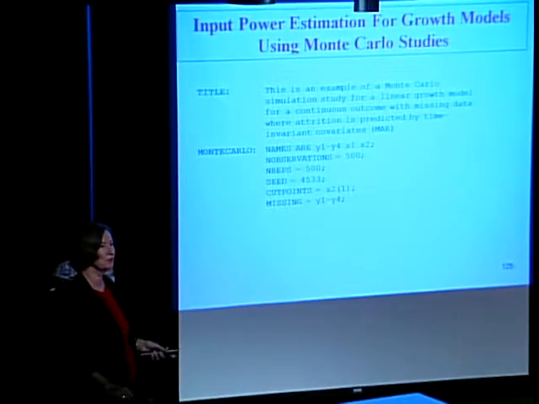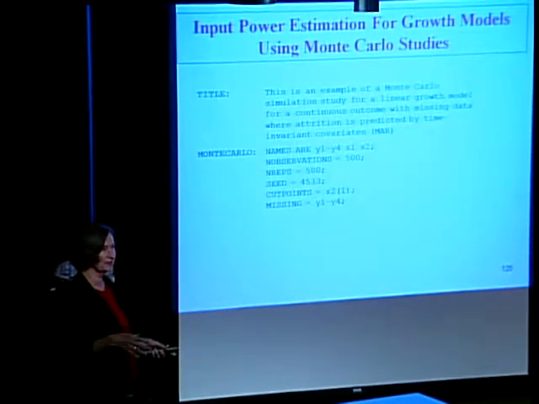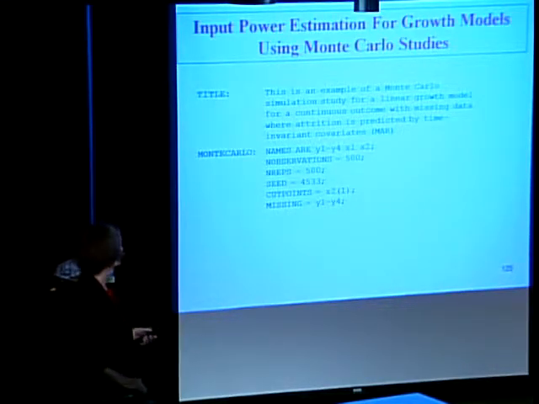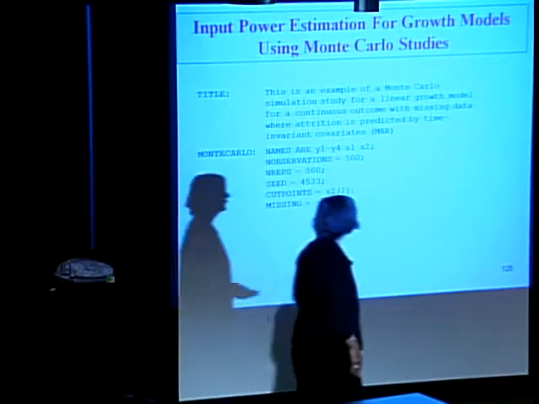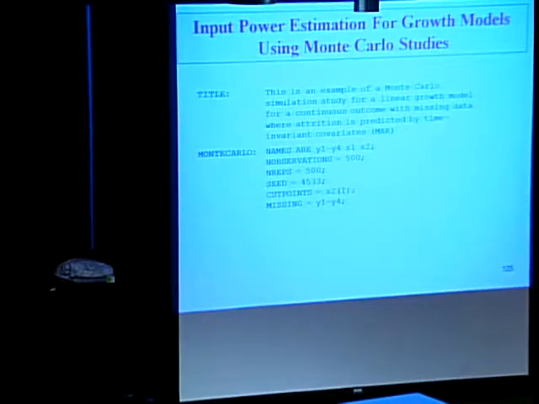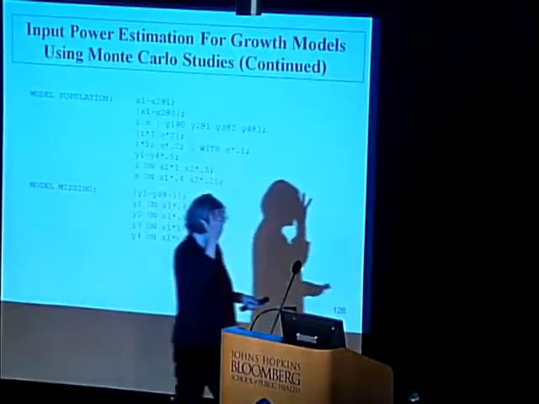So you can model the type of missing data you see in your sample data to get an idea of how that could affect power. So we'll just leave this up over here. That's the Monte Carlo command.